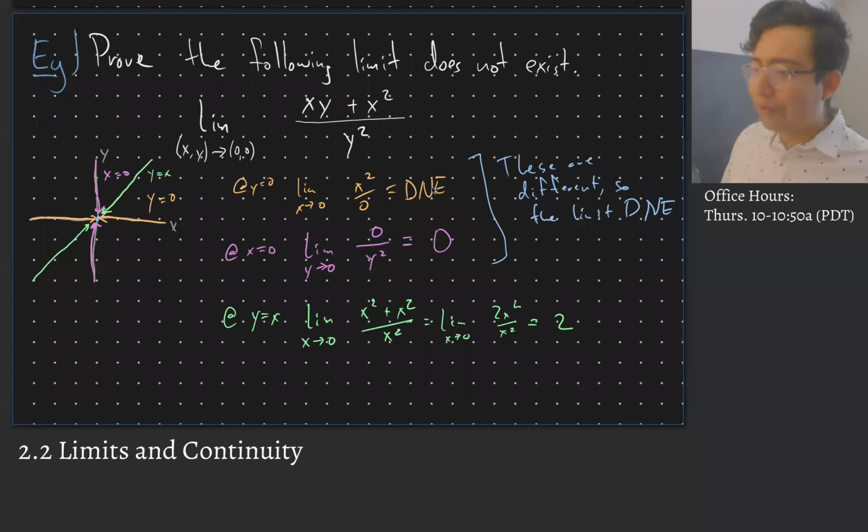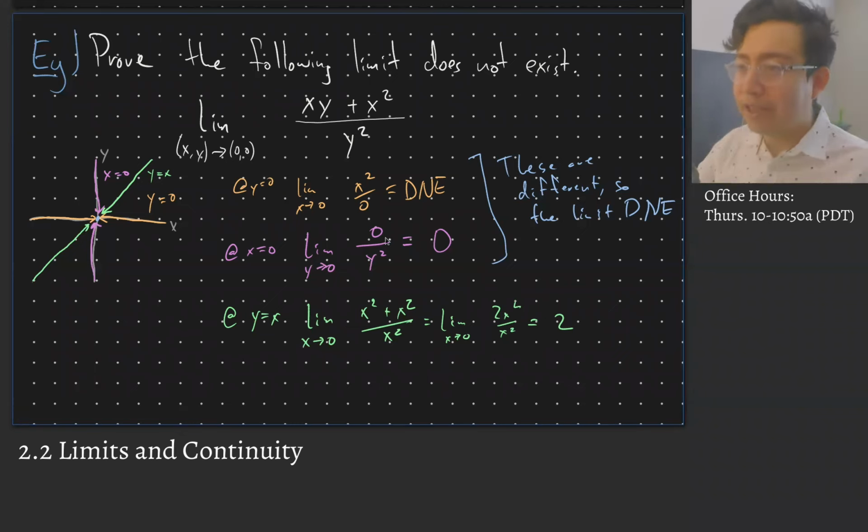So if you weren't sure before, right, we got a 0 and we got a 2. That's enough to say, okay, the limit does not exist. Okay. So this is going to come in a couple of different forms. Sometimes the question is going to be presented like this, like prove that this limit doesn't exist, or they sometimes like to avoid using the word prove because that scares people.